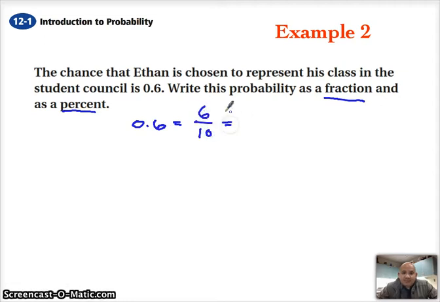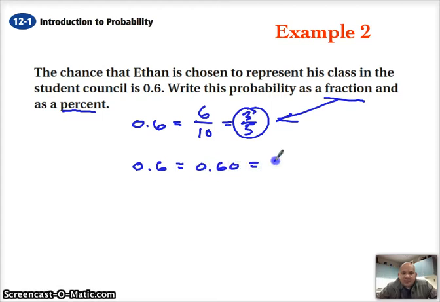Simplified, divide both top and bottom by 2, we'd have 3/5. That's our fractional probability. Well, what's our percentage? Well, 6/10 is the same thing as 60 hundredths, or 60 per hundred. That means that would be 60%. So that takes care of the percentage.